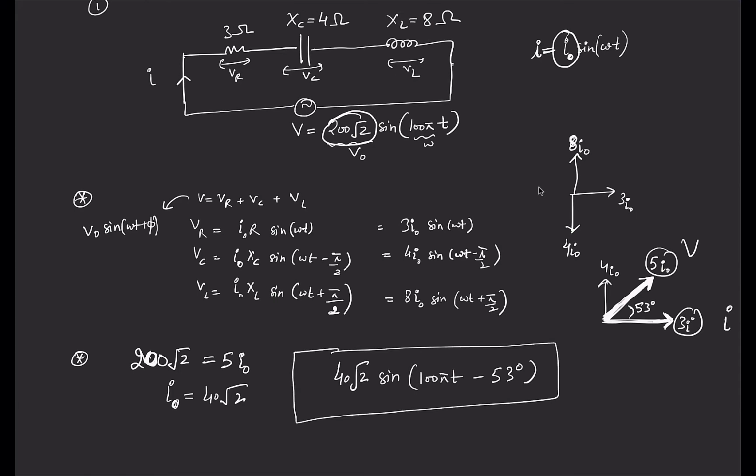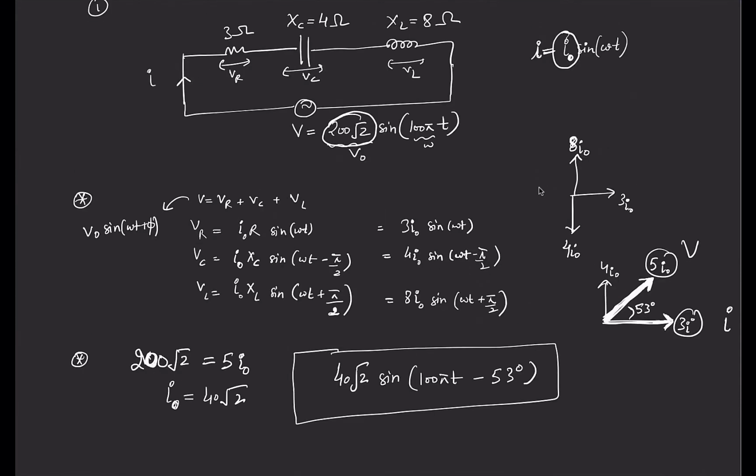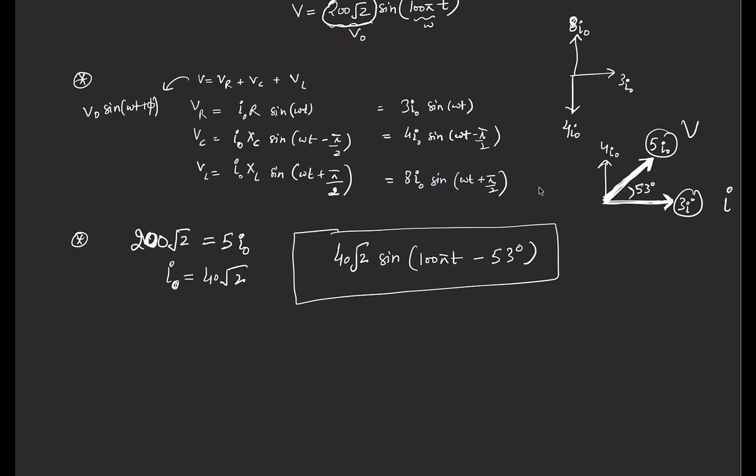That's how we find our instantaneous current. So basically first we find the angle difference between I and V. We are given L, we are given C, we are given R. L is 8, C is 4, R is 3.